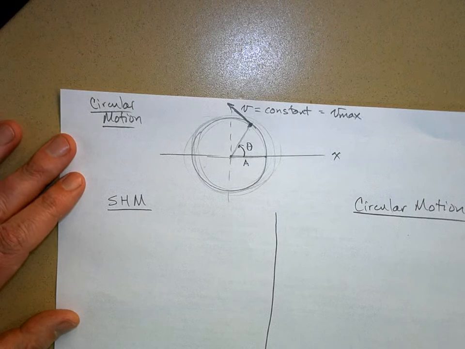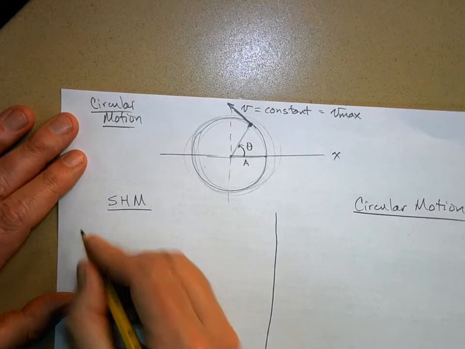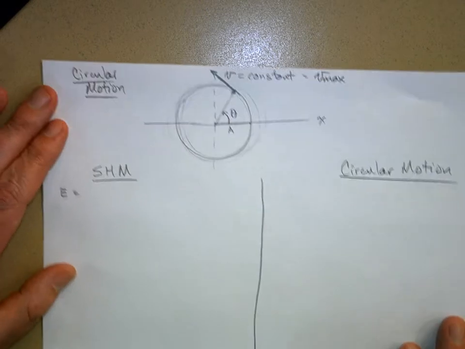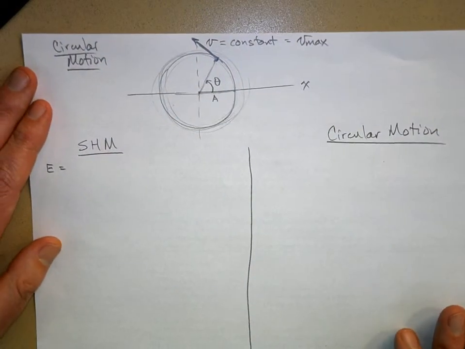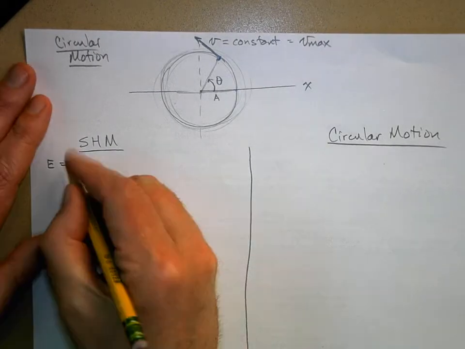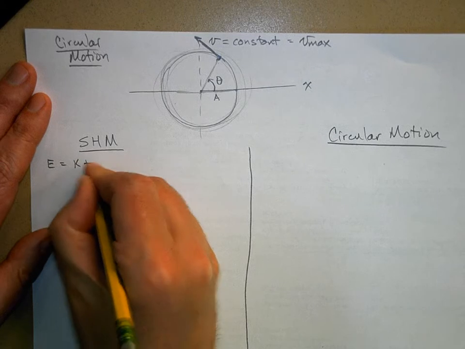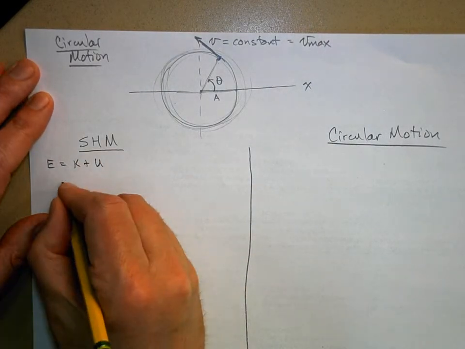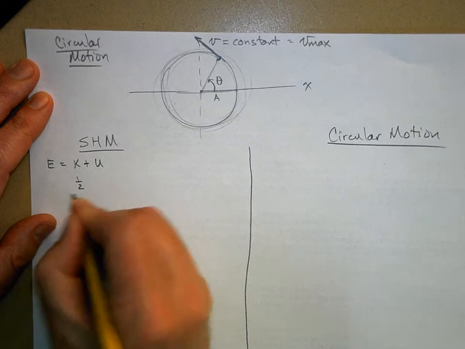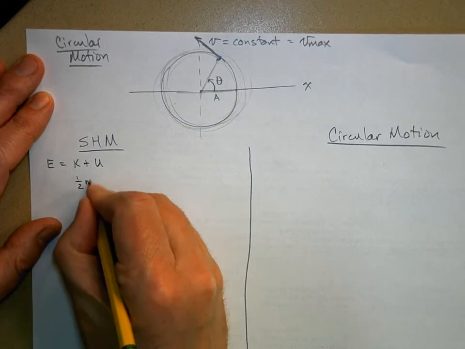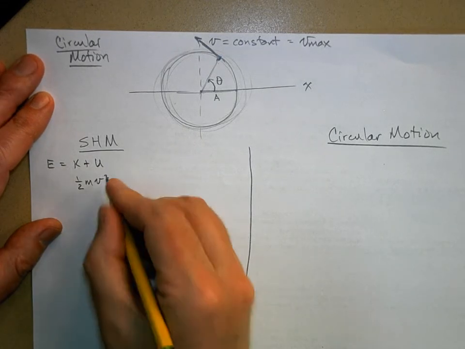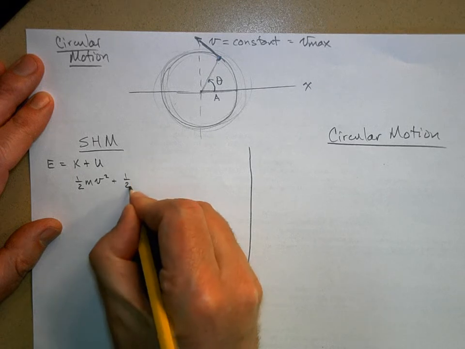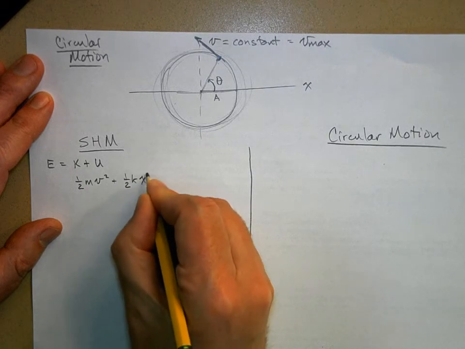So let's start off with the total energy, E. The energy equals the kinetic energy plus the potential energy. And so this is going to be 1/2 mv squared plus 1/2 kx squared.